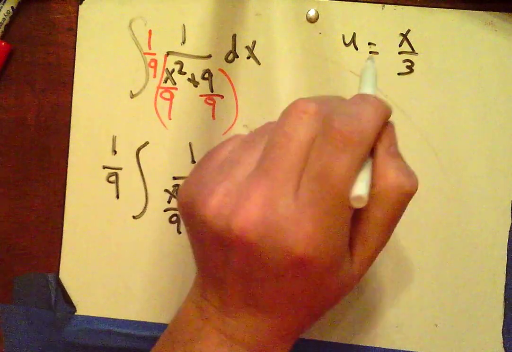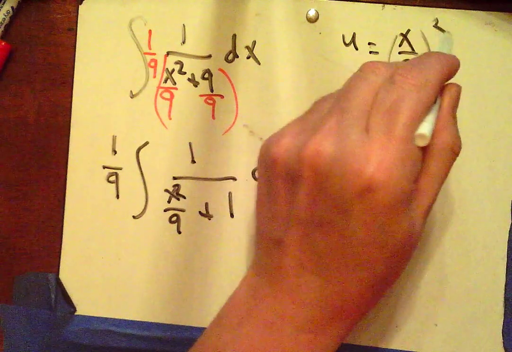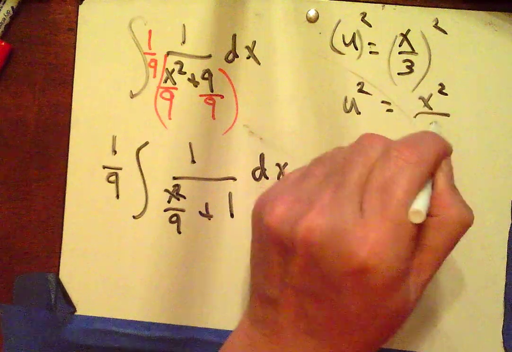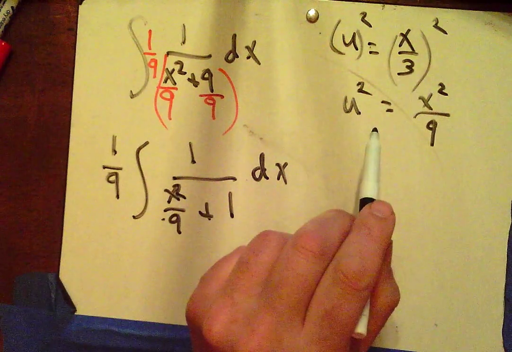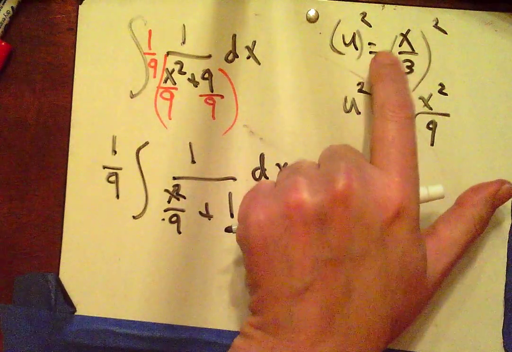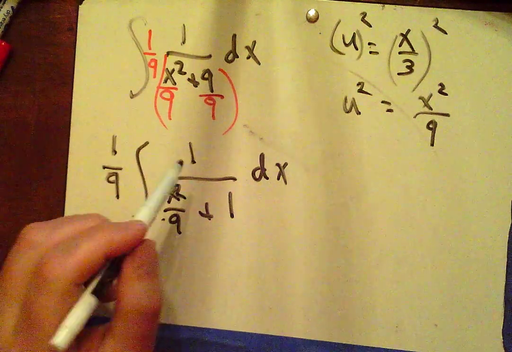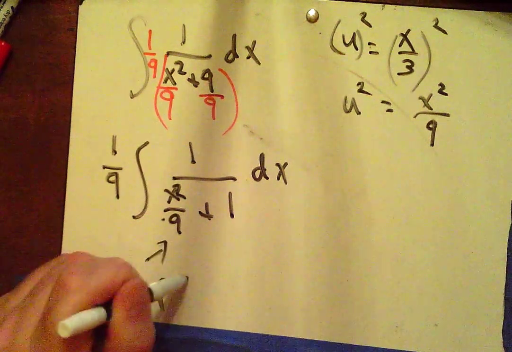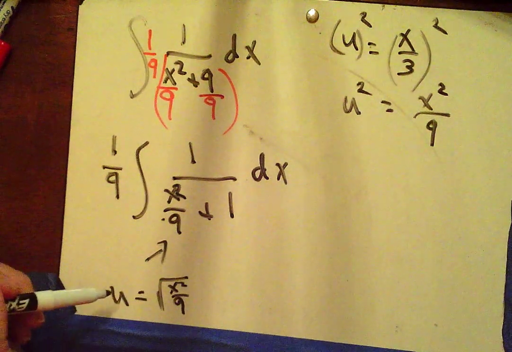Perhaps we could use this. I wonder what would happen if I squared both sides. I'd get u squared equals x squared over 9. Oh, I have an x squared over 9. That just so happens to be u squared. Now, if someone hadn't given that handy thing to me, I could always know that my u was going to be the square root of this thing, x squared over 9.